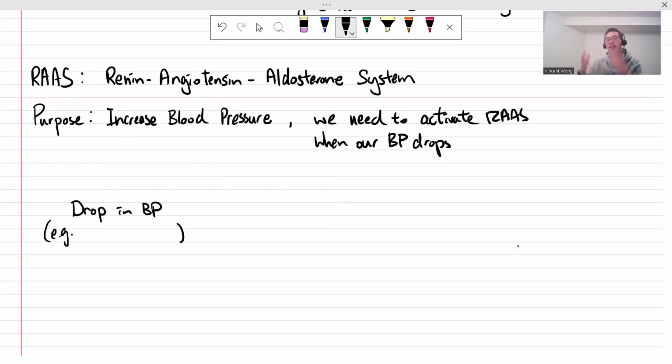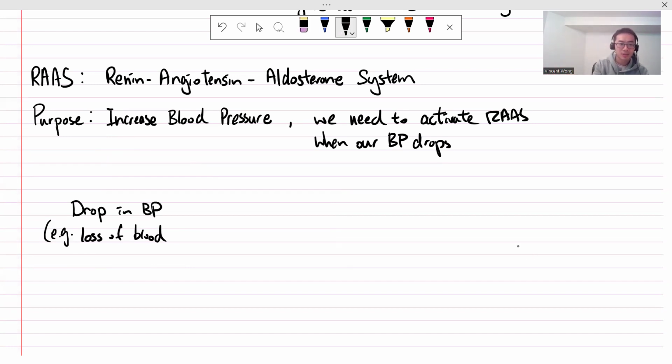If you stand up too quickly, gravity pulls your blood down from the head, and you feel a little bit lightheaded. But that's really brief. Anyone else? Loss of blood, yes, there we go. If a person bleeds excessively, they are going to lose blood pressure just because your blood volume goes down, right?